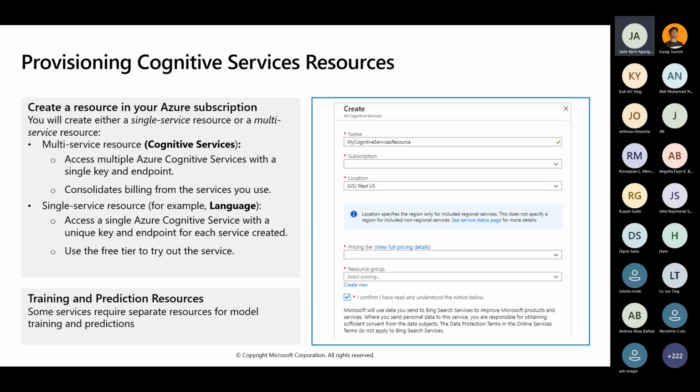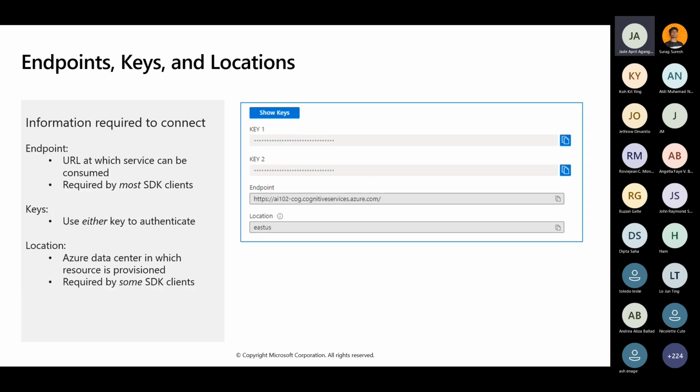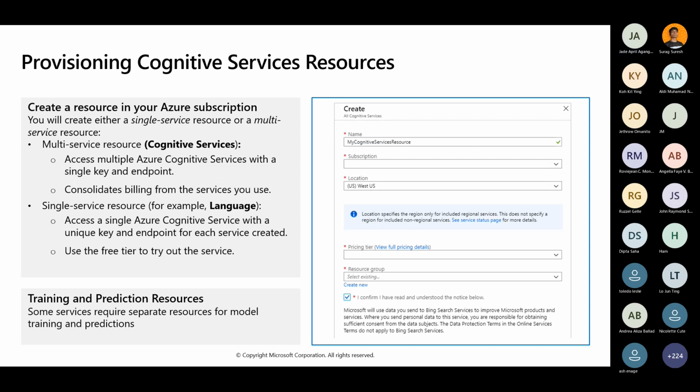So we have the word create, and you're going to create a name for your resource. And then here, the subscription, you should have the Azure Pass sponsorship. But if you're just using your Azure free portal, then nothing's going to show up here in subscription.